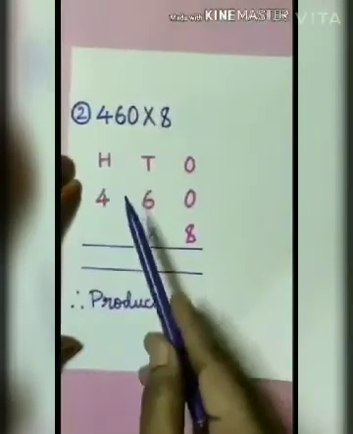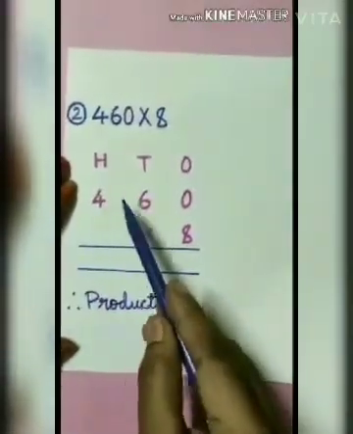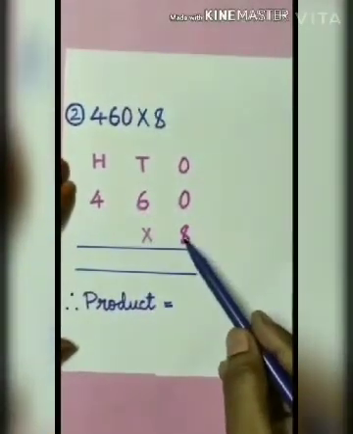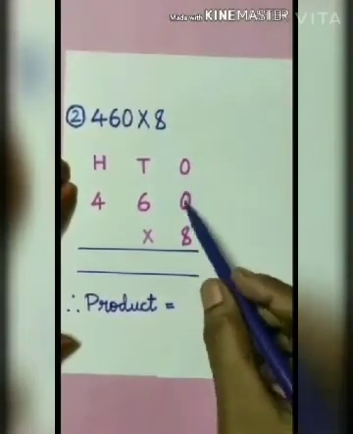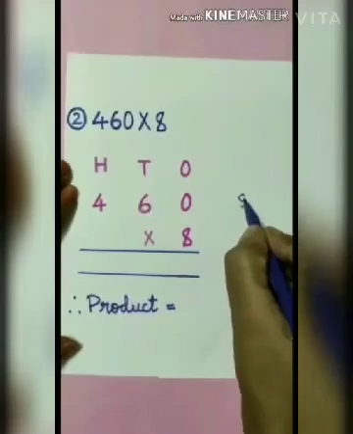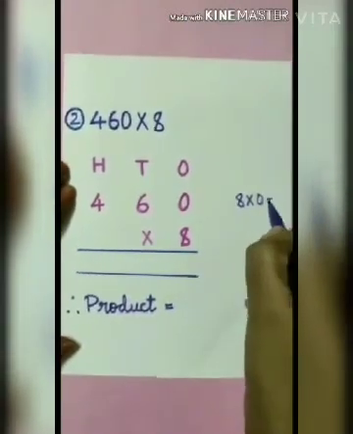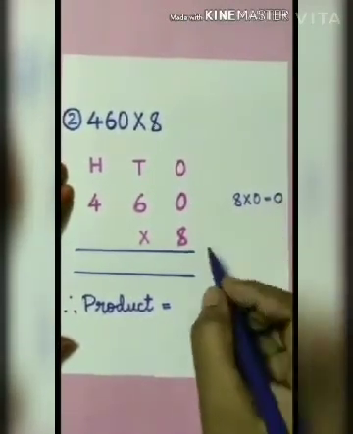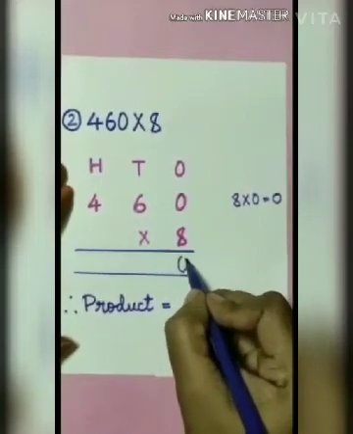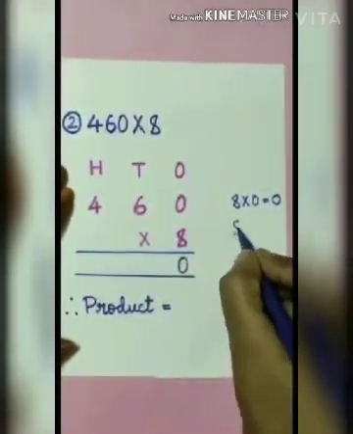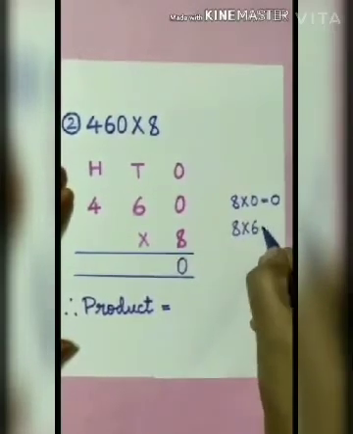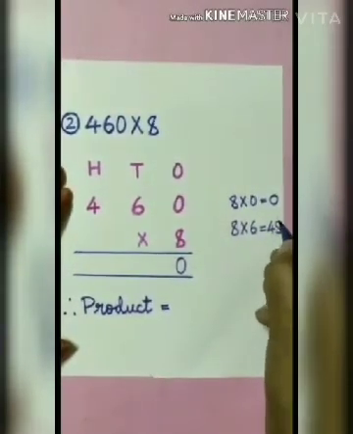Number 2. Find the product of 460 into 8. Always start multiplication from ones column. 8 into 0 is equal to 0. Write 0 in ones column. 8 into 6 is equal to 48.